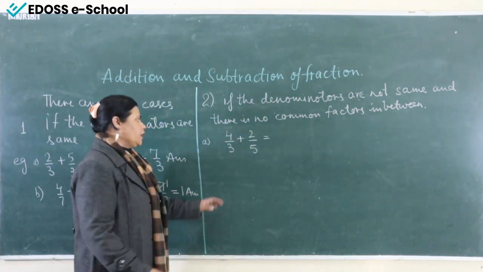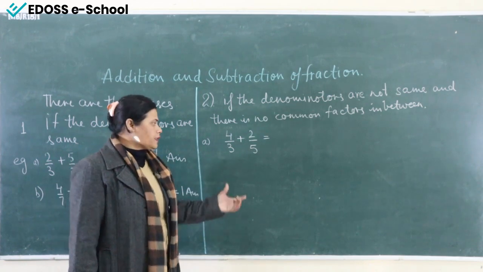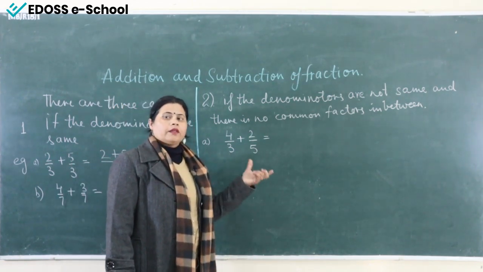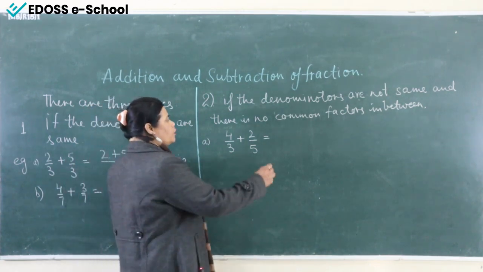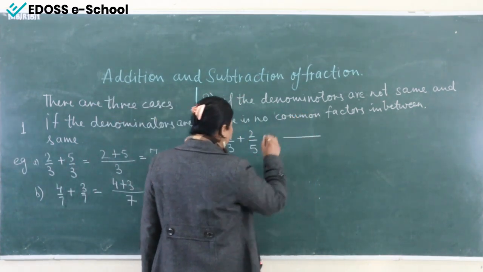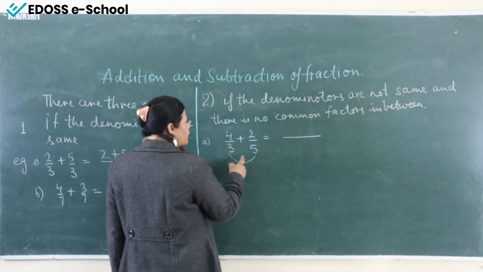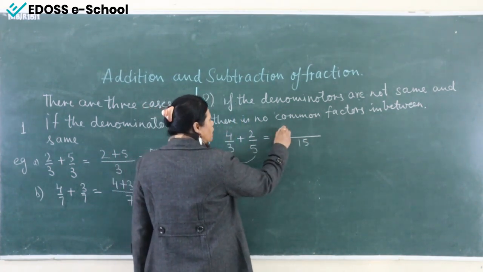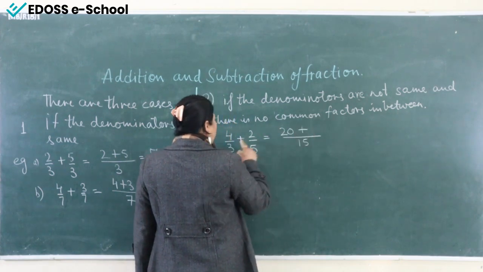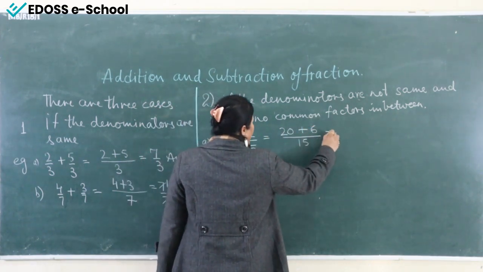Now see here, denominators are not same, as well as there is no common factor in them. So what you will do in this, no need to take the LCM. Simply you have to multiply: 5 3s are 15, and after that 4 5s are 20 plus 3 2s are 6.